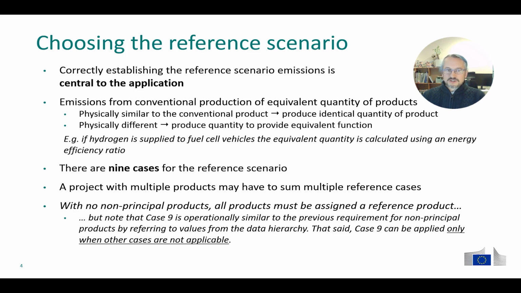In the case that the product is physically different, we ask that you assess the production of a quantity of the conventional product that would provide an equivalent function. So looking at hydrogen again as an example, if hydrogen is supplied to fuel cell vehicles, then the equivalent quantity of gasoline for the fossil fuel comparator calculation is calculated with the use of an energy efficiency ratio for a fuel cell vehicle.